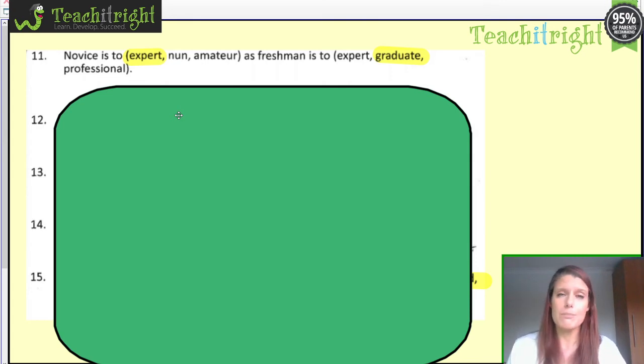And then with the second pair of words, the relationship between them is the same. We can't use expert because we've used it already. We can't use professional because we're not talking in general terms, but we're talking in collegiate terms. So a freshman, and this is used in America, possibly other places, but definitely in the American school and college system.